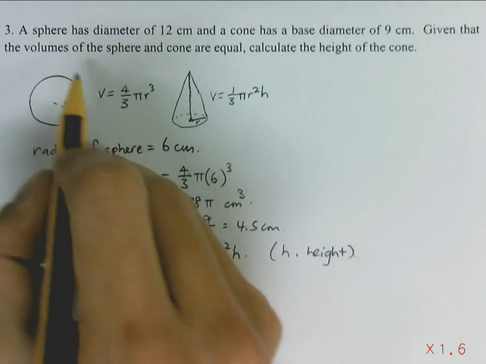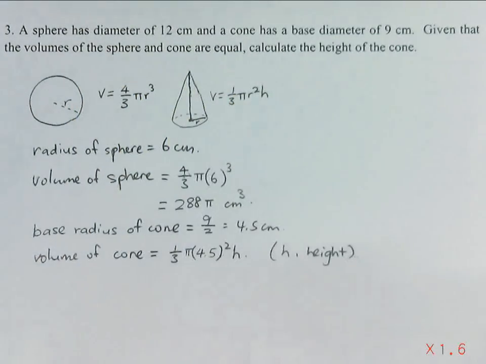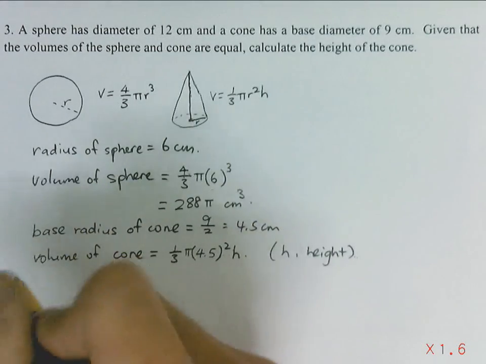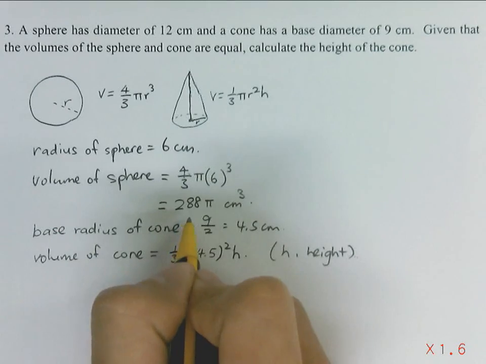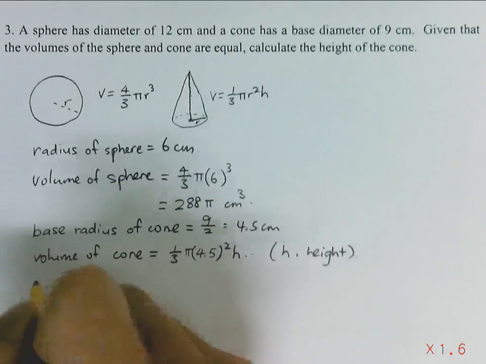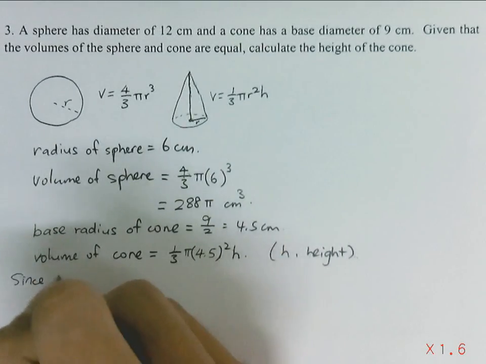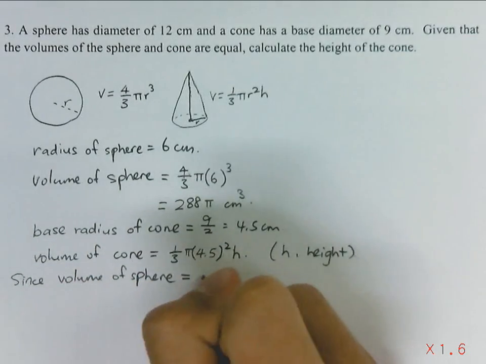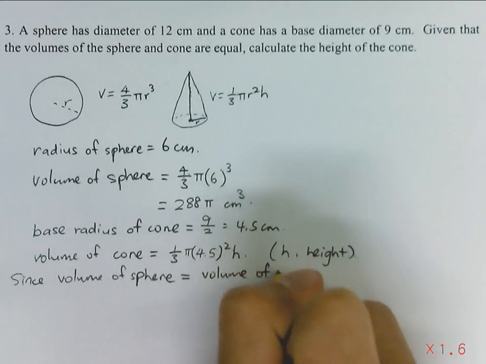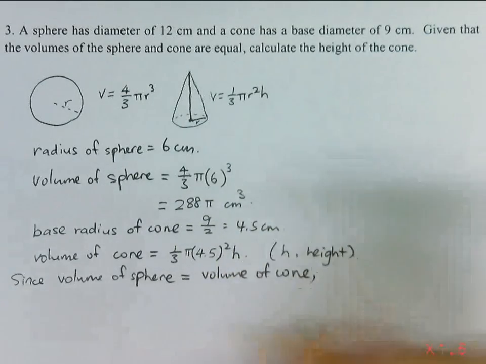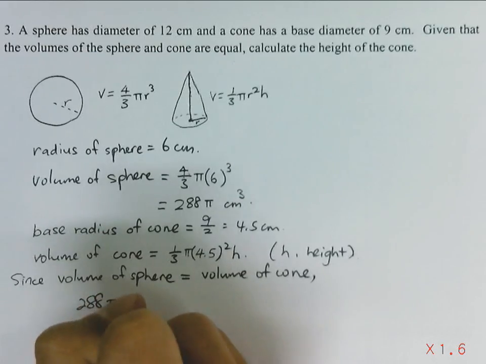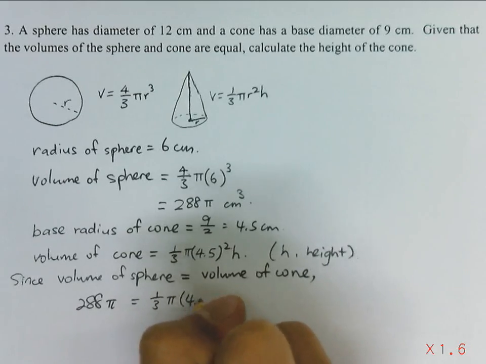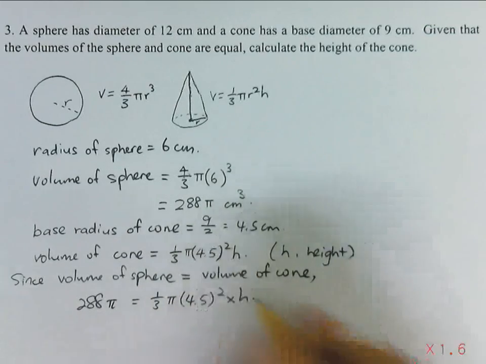Now given that the volumes of the sphere and the cone are equal, okay, so we can simply use both formulas for the volume and equate into an equation. Equals to the volume of cone, so 288 pi will be equals to 1/3 pi 4.5 squared times h.